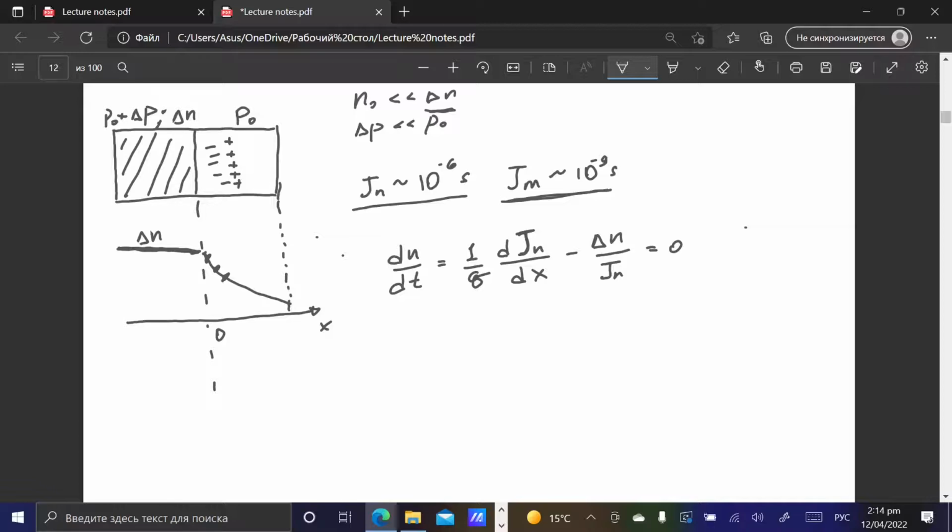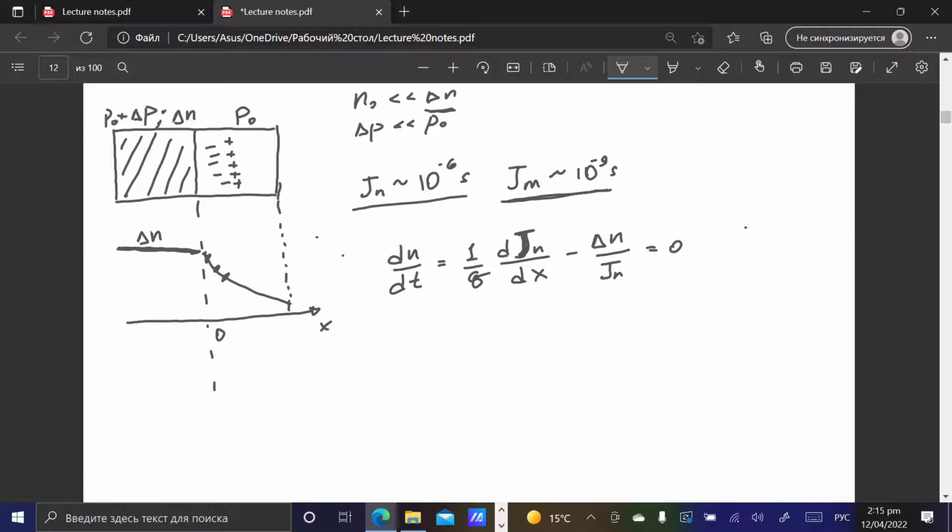Let's make it a bit larger. That is our continuity equation, which we also discussed in detail previously in general.